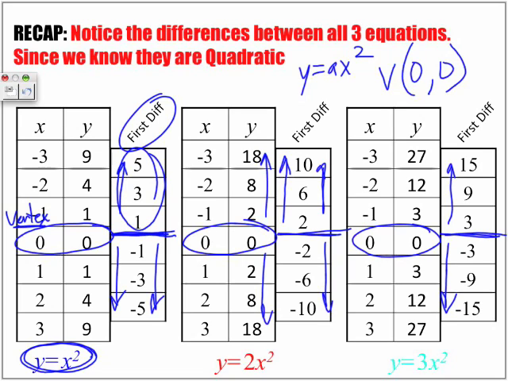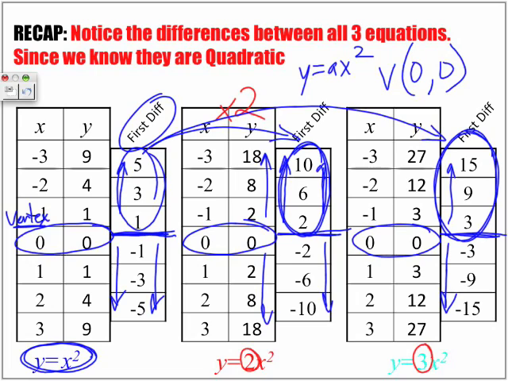Now, if we look at this 1-3-5 pattern and compare it to the 2-6-10 pattern, how do we get from there to there? Well, we multiply by 2. Hence, the A value 2. So the 2 got multiplied by 1-3-5. Over here, 1-3-5 becomes 3, 9, 15 because we multiply by 3.